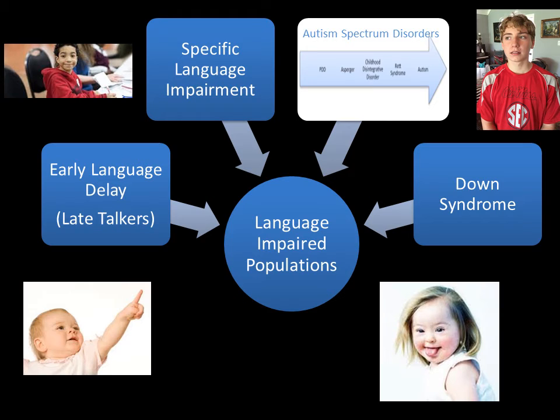So we look at these disorders along a spectrum from less severe all the way up to very severe. Autism is considered the most severely disordered of all these impairments, and PDD is considered the least impaired.